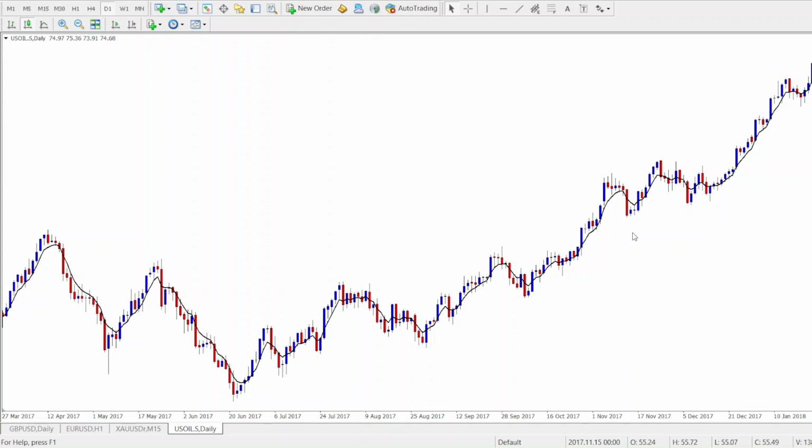So now, how to calculate the EMA: the moving average does it for you automatically anyway. It calculates the SMA for the first EMA period. So if it's a 5-day EMA, for example, the 5-day SMA is going to be the starting point.